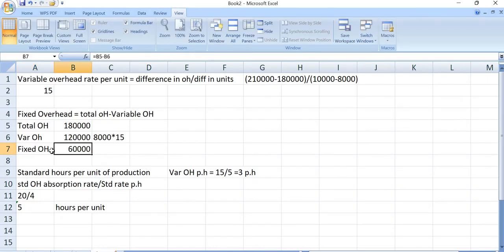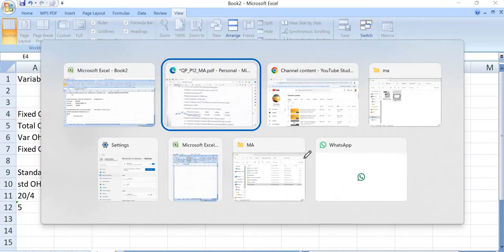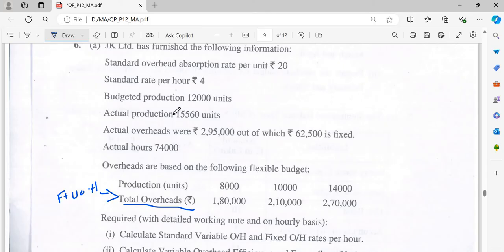Usually fixed overheads will be absorbed based on our budgeted hours. So here we need to calculate budgeted hours. How many units am I producing? See, budgeted production is 12,000 units. So for producing 1 unit, how many hours will I require?